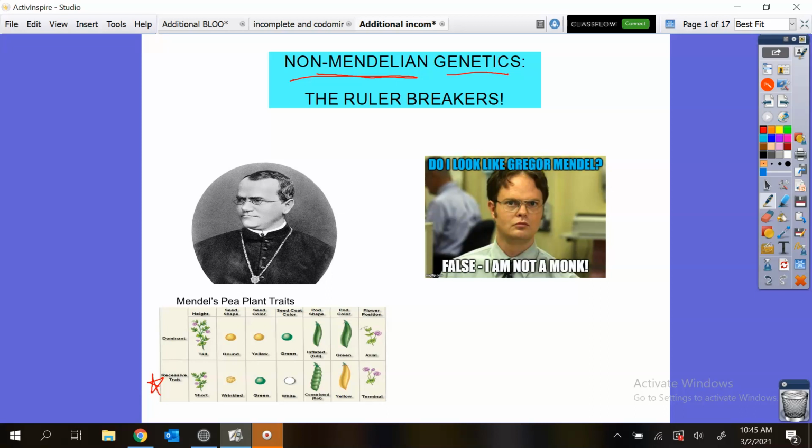Bees are pollinators, so they spread the pollen around, and the offspring they make would be the seed that grows into the new plant. Again, take a look at the dominant traits for pea plants compared to the recessives, and that is all what Mendel experimented with.